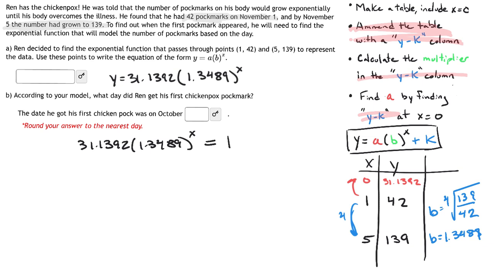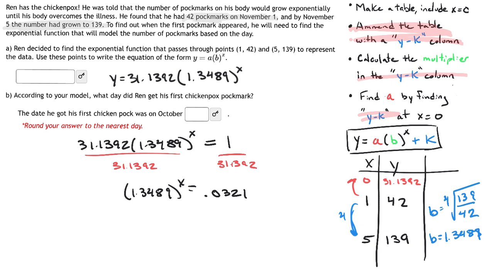So you're going to work backwards here. You have to divide by 31.1392 if you're doing this algebraically, right? You want to get your base to the x all by itself, so that means we have 1.3489 to the x is equal to 0.0321. Got lots of decimals here.